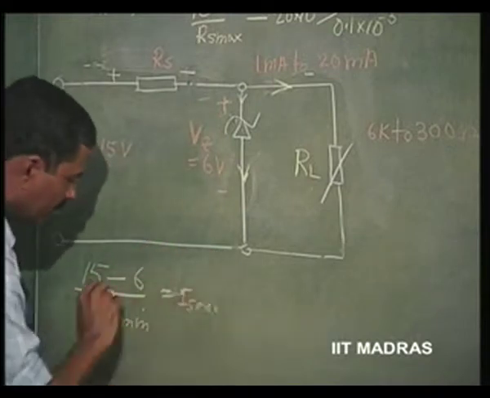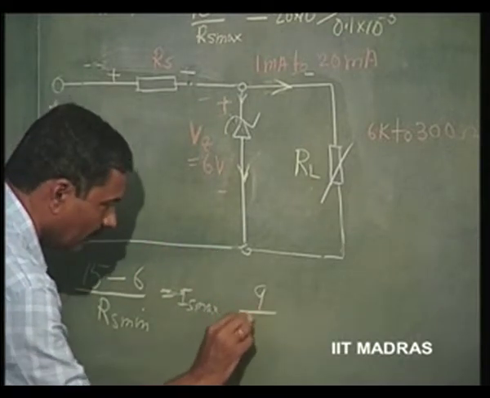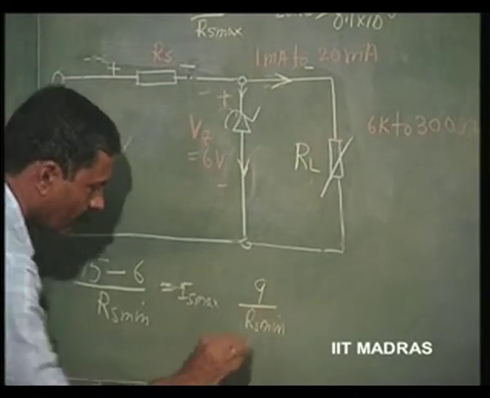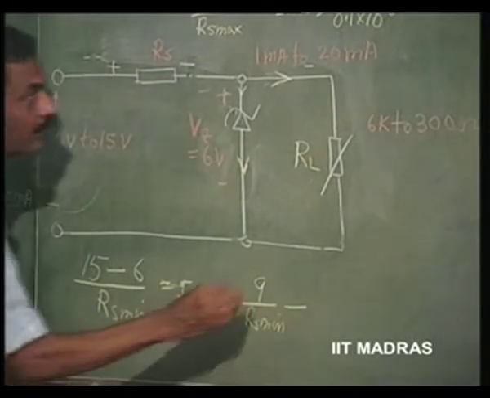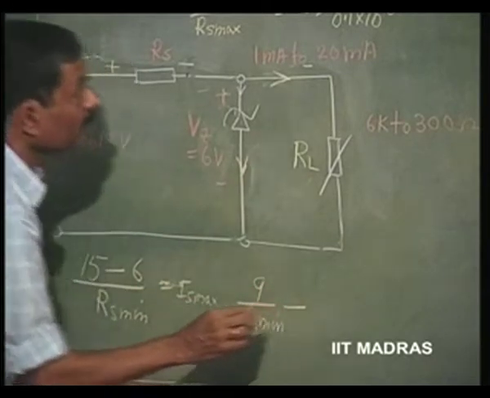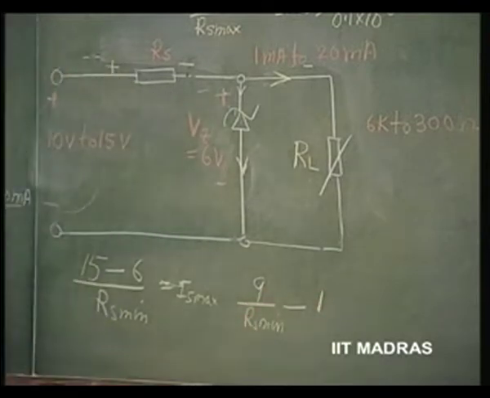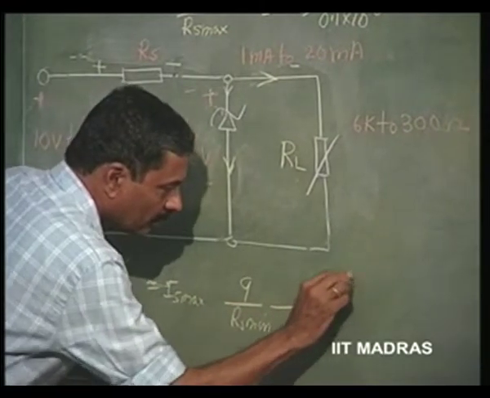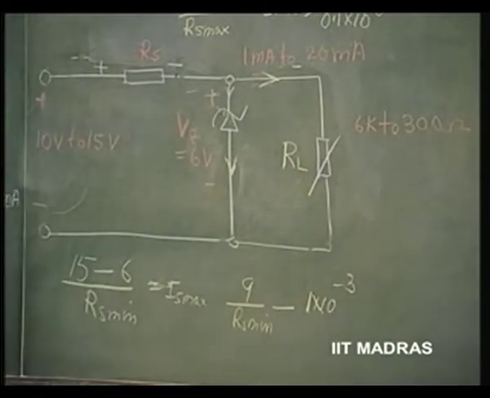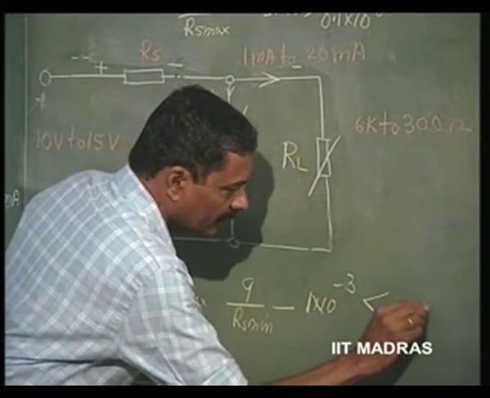So, this is going to be 9 by Rs minimum minus 1 milliampere, that is the minimum load current, and this should be less than the maximum possible current for the Zener, which is given as Iz max, which is 50 milliampere.